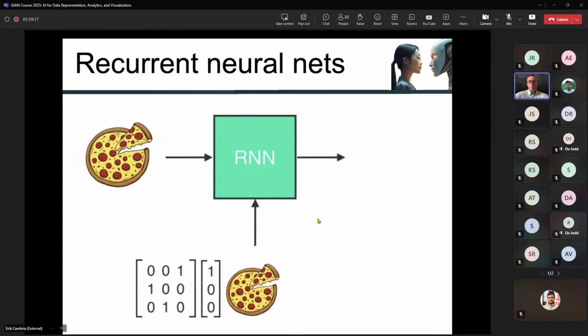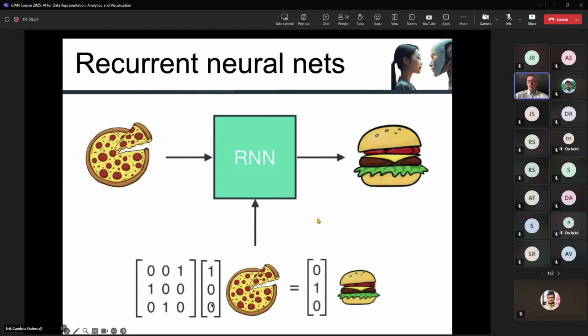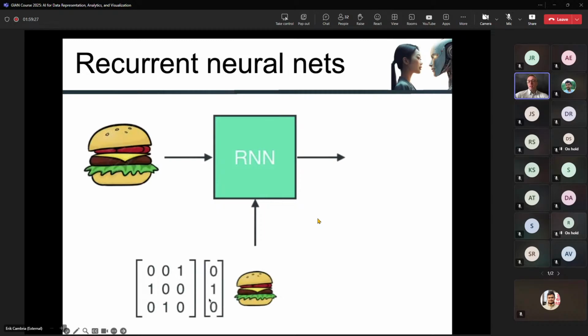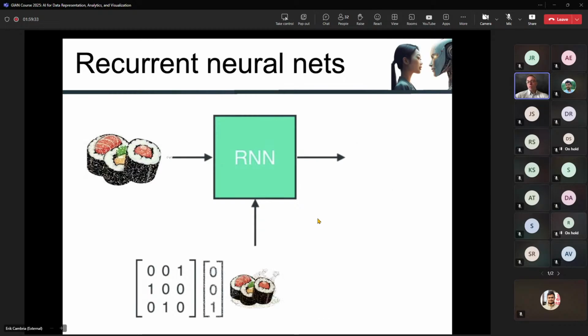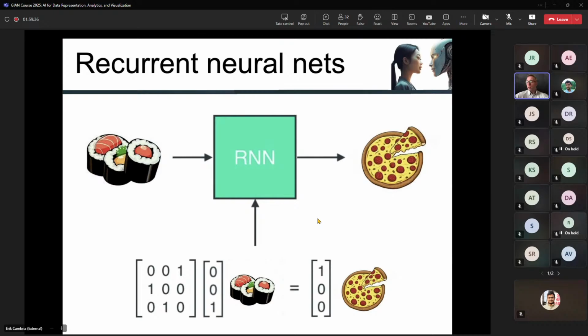So I can have a new method that does this. Once again, it's just a multiplication of matrices. If I have pizza, I get burger. If I multiply the burger vector by that matrix, I get sushi. And same with sushi, then the loop restarts from pizza.